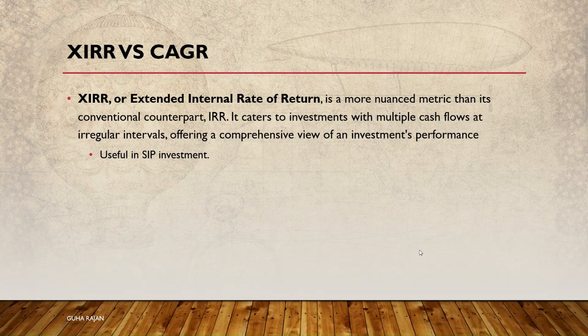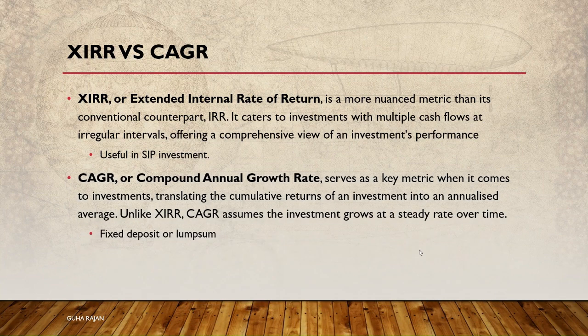As far as mutual funds are concerned, particularly if you're doing some kind of SIP, systematic investment plan, then you can look out for the XIRR ratio to see how the mutual funds are working. CAGR is a straightforward one. It looks at the cumulative return on investment as an annualized average.